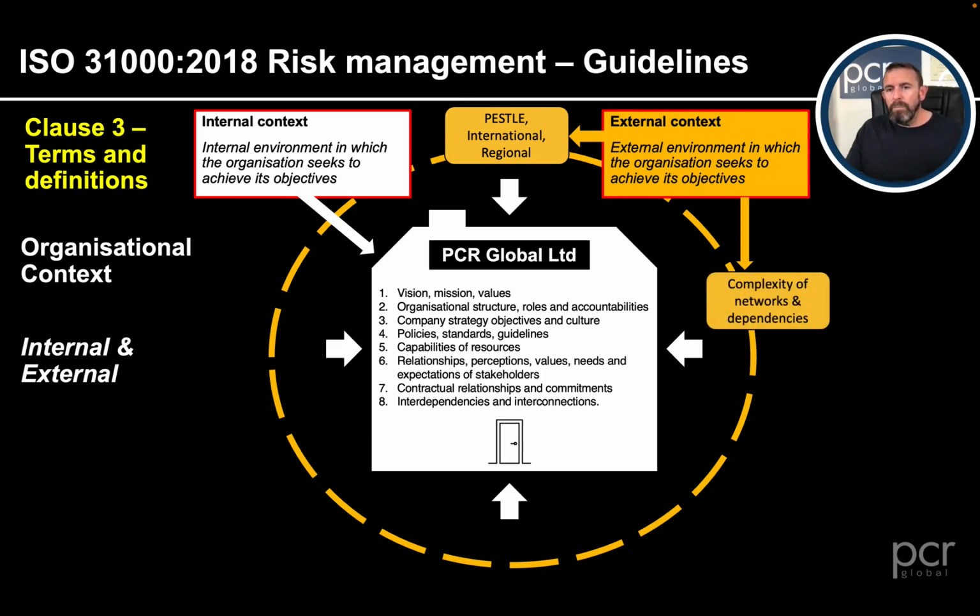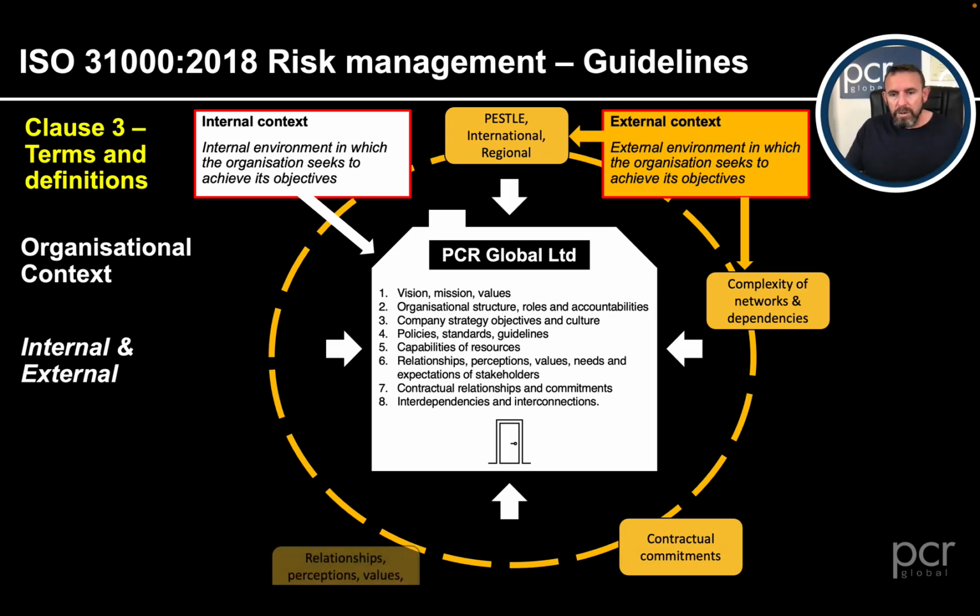Second, there we have the complexity of networks and dependencies. PCR Global as an organisation, we have a lot of dependencies outside, whether that's the awarding bodies for our courses or the organisations that we actually work with as well that enable us to make money. And there we have it, contractual commitments.